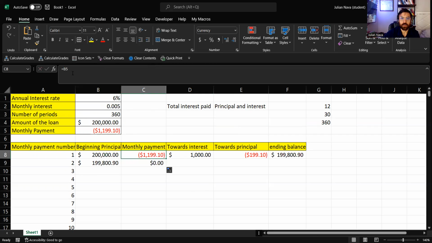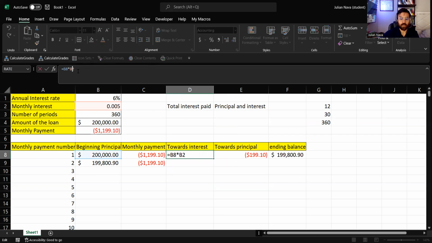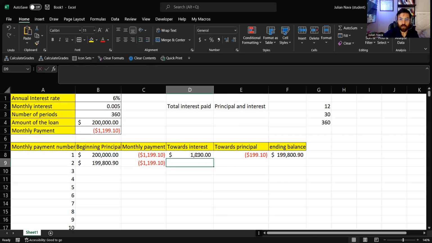Oh no, you got to do a function here to lock it in. Once you lock that in, bring that down. This you need to lock in with the interest rate. You bring this down and it solves. And then you bring this down.